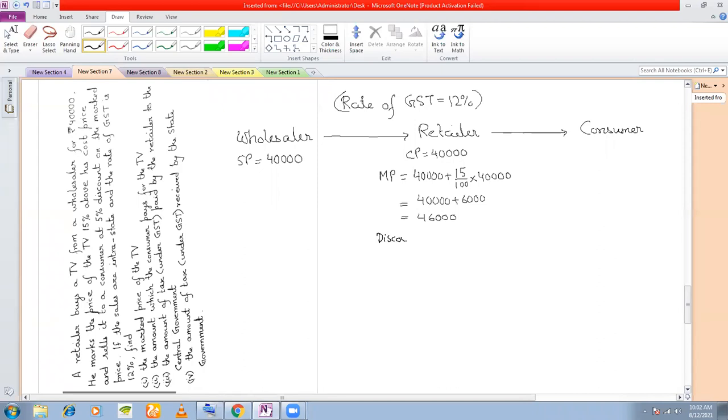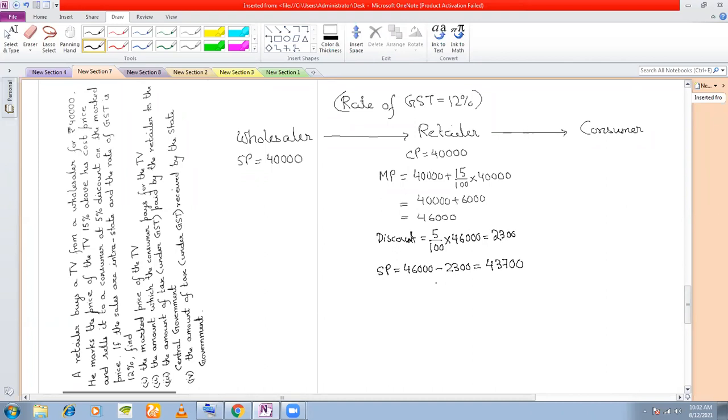Discount here is 5% of the mark price, which is equal to 2,300, the discount that he's giving. And therefore, what is the selling price? Mark price minus discount. So his selling price is 43,700.